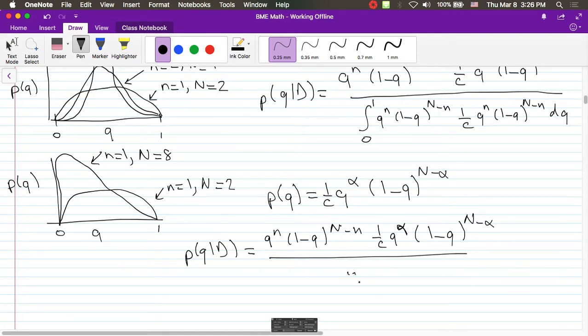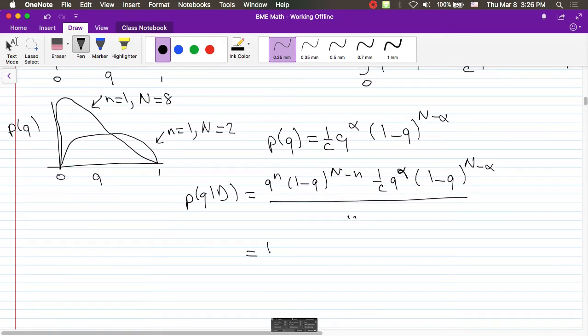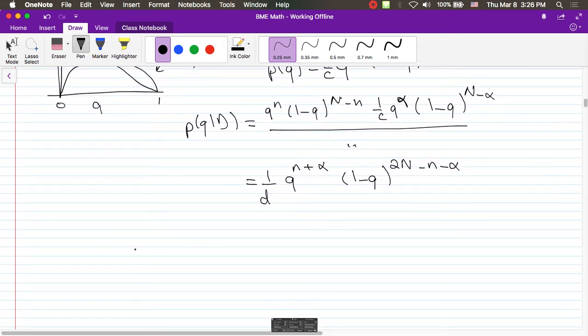That's going to be equal to 1 over some constant d times q^(n plus alpha) (1 minus q)^(2N minus n minus alpha). Okay, so now what we want to do is find a q that maximizes the posterior. So let's see what that's going to do for us.